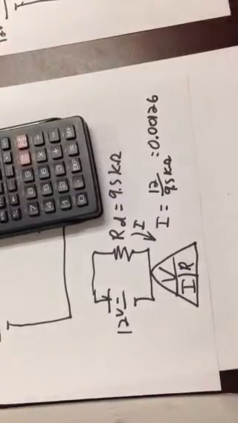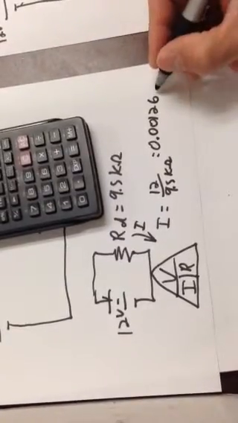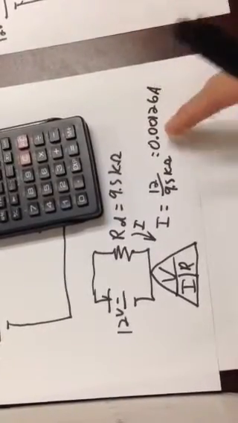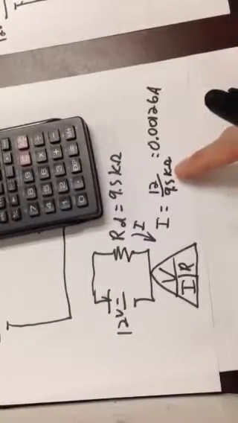And that gives me 0.00126 amps. If you're not getting exactly that, perhaps you forgot to divide by 1,000.